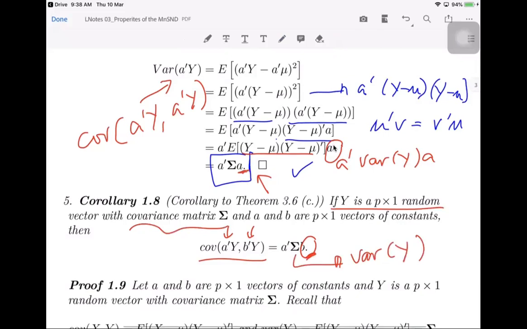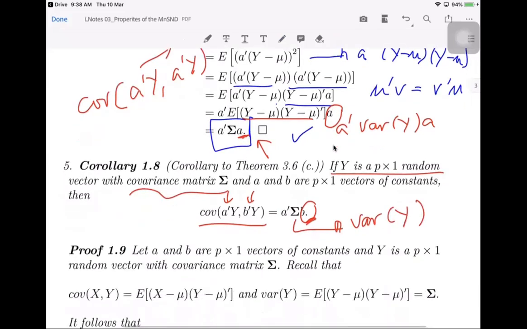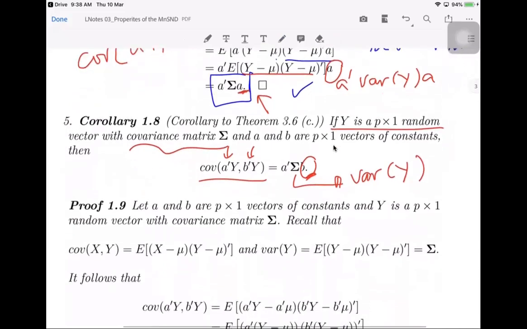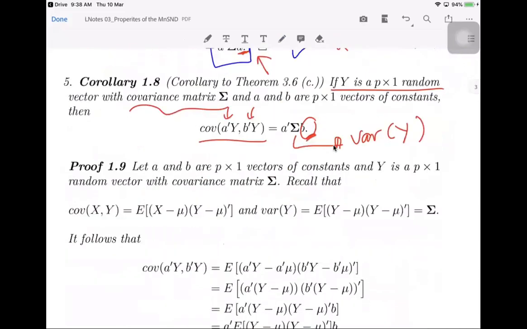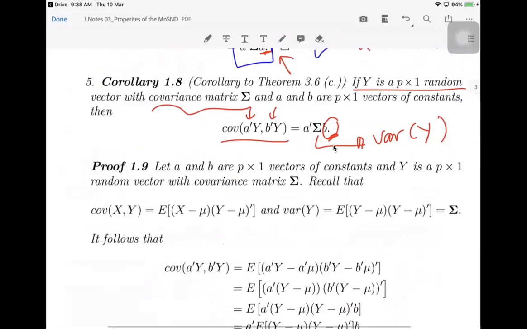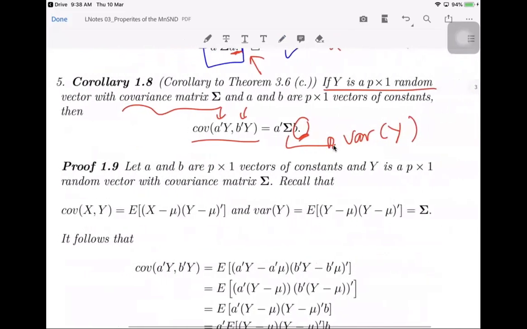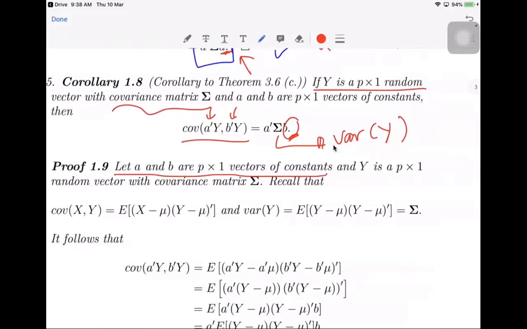For the proof, similar to the previous example, let us do this. So these are your assumptions. A and B are vectors of constants, which are p by 1 in dimension. Your random vector also is a p by 1 with covariance matrix sigma. So the variance of y is sigma.